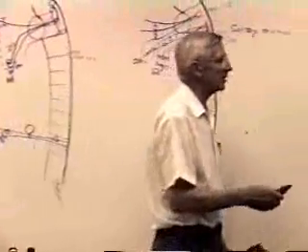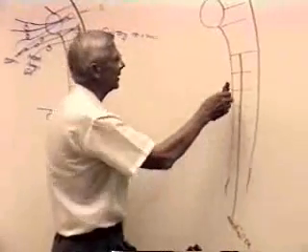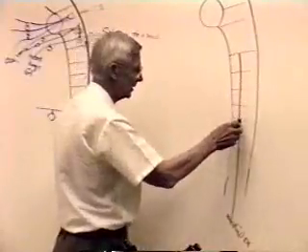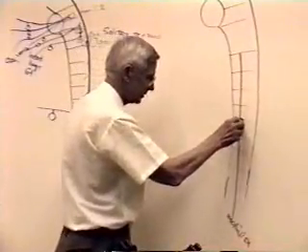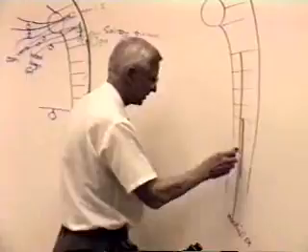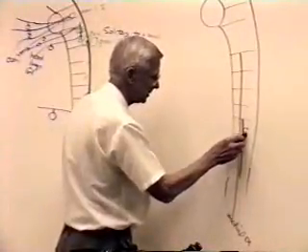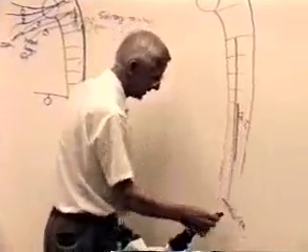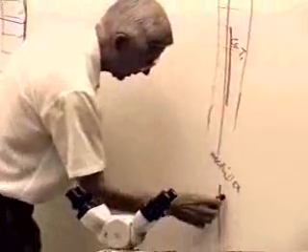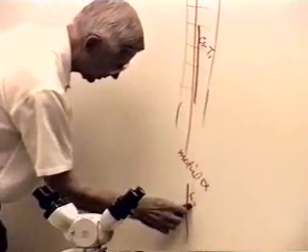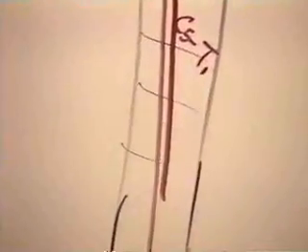The lateral group, on the other hand, will only be present in C5, 6, 7 here, T1, and down below L2 to S1, something like that, for the extremities.